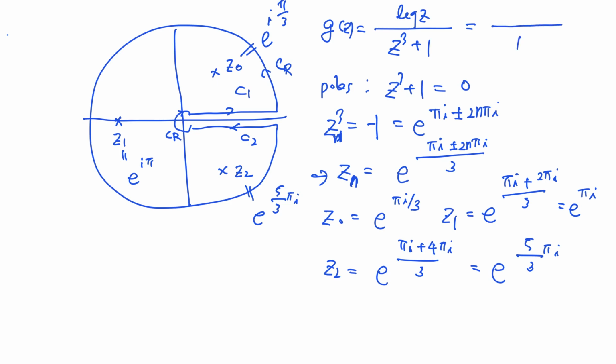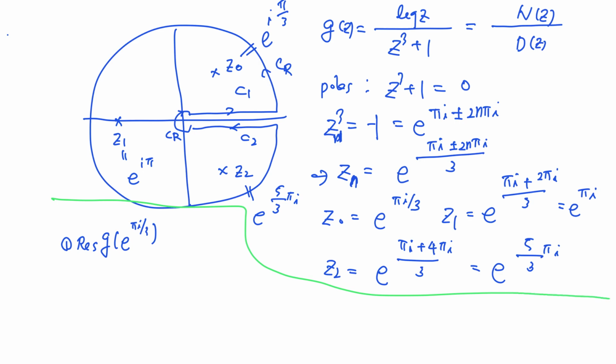So this is the form T(z) over N(z). So we need to find the residue, right? So the residue of g at exponential i pi over 3 is, probably need to have some boundary here, the residue is g(zn) over N prime of zn, right?